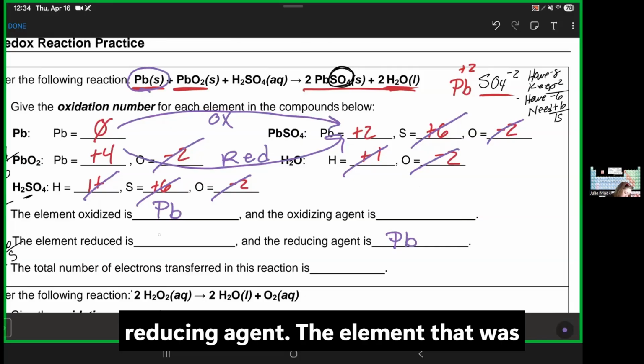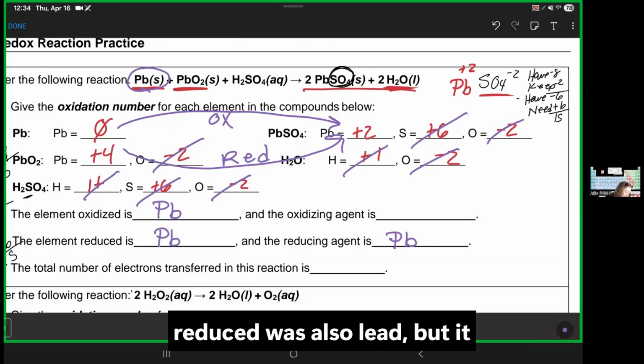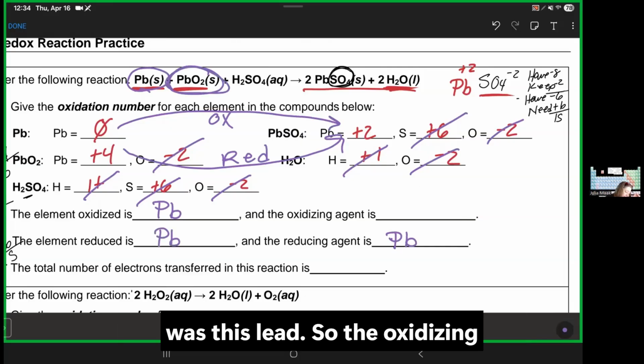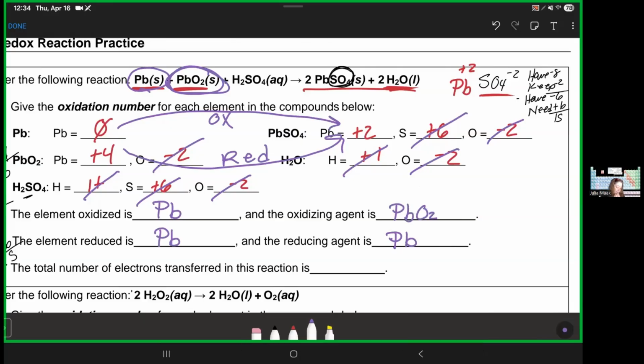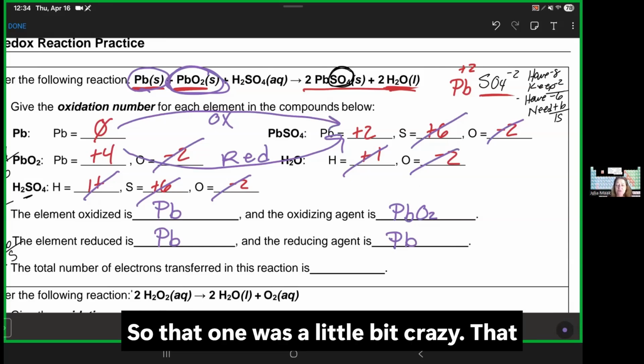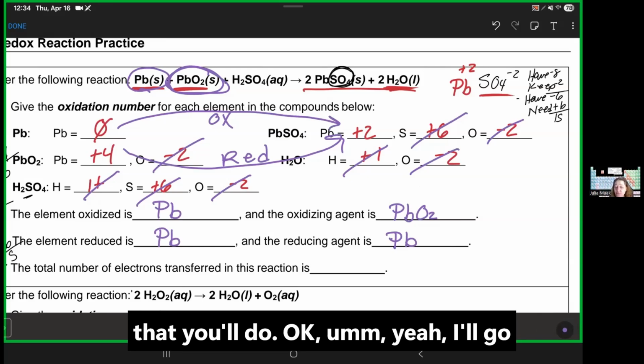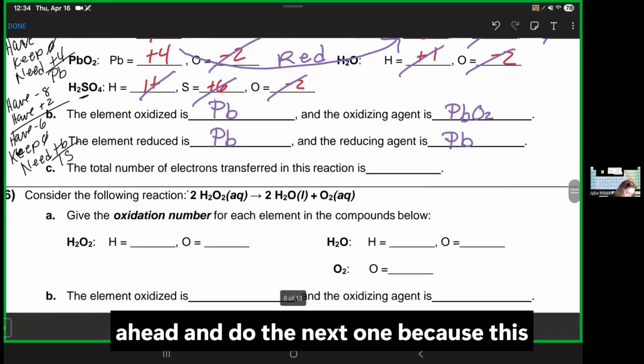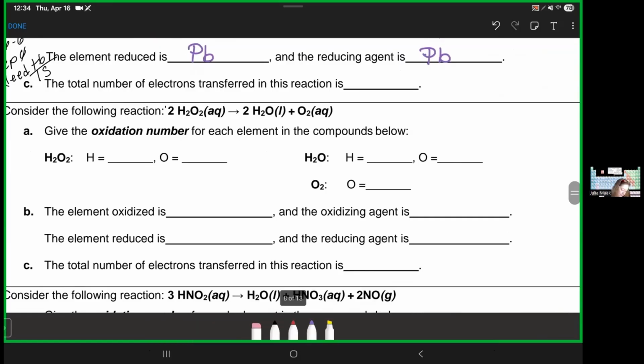The element that was reduced was also lead, but it was this lead. So the oxidizing agent is PbO2. So that one was a little bit crazy. That one was probably one of the harder ones that you'll do. Okay, I'll go ahead and do the next one because this one can be a little bit rough too.